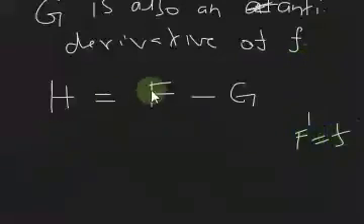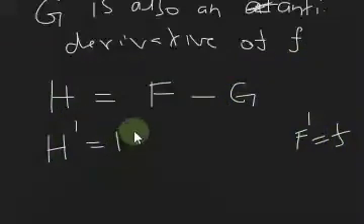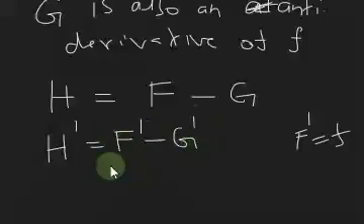H is differentiable because F and G are differentiable, and then H is also differentiable and continuous on closed interval [a, b]. Then we can differentiate H with respect to x and get F prime minus G prime.